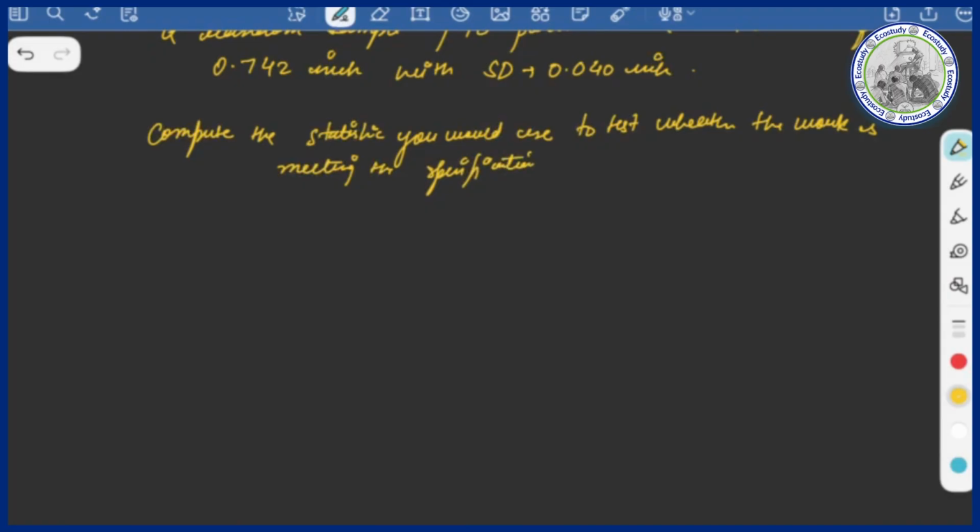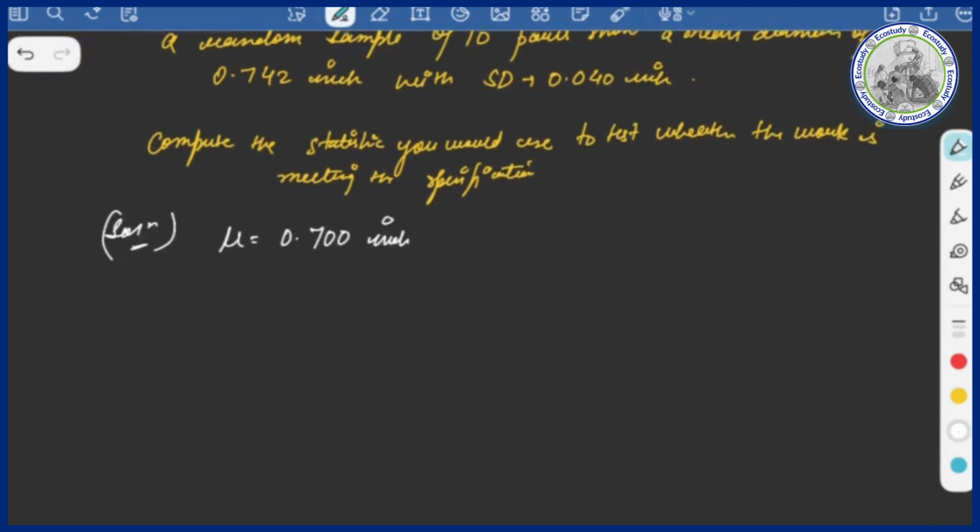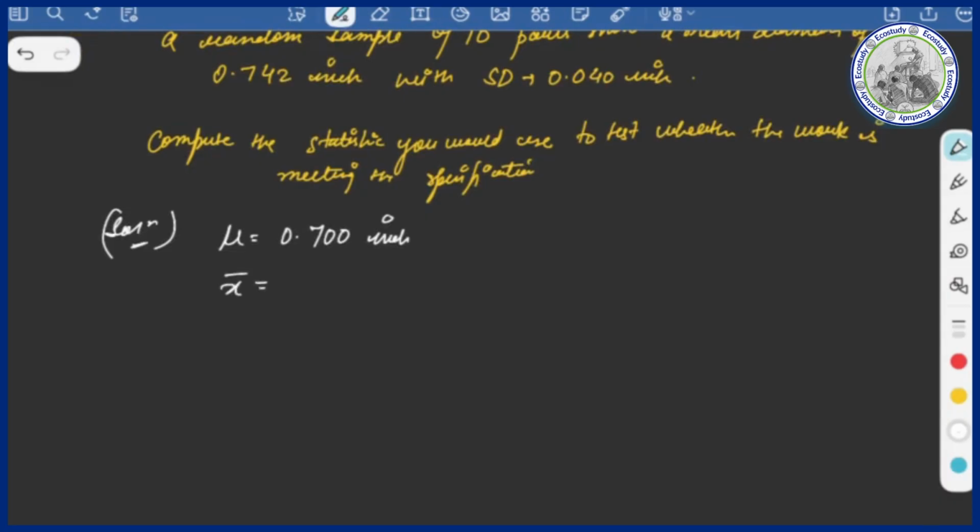All the required information is given. The population mean is given, 0.700 inch, your axle diameter. The sample mean is given, 0.742 inch. The sample standard deviation is given, 0.042 inch, and your sample size is 10.